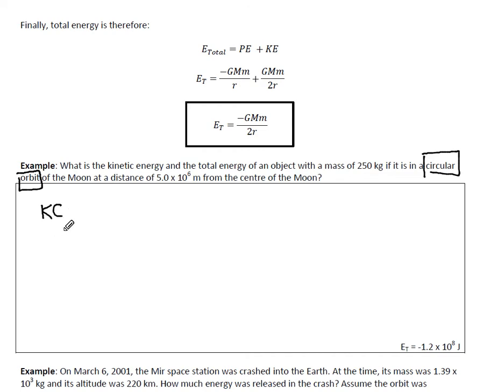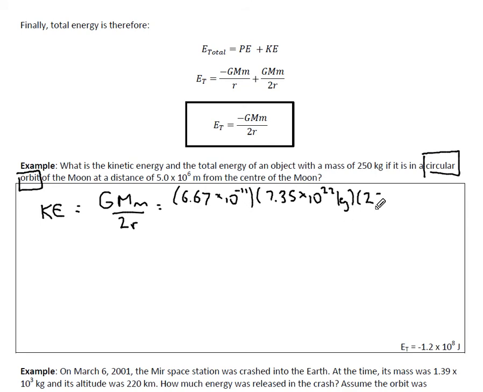Kinetic energy is equal to GMm over 2r. So we plug in our values: 6.67 times 10 to the negative 11, multiplied by 7.35 times 10 to the 22 kilograms, the mass of the Moon, and the object in orbit is 250 kilograms.